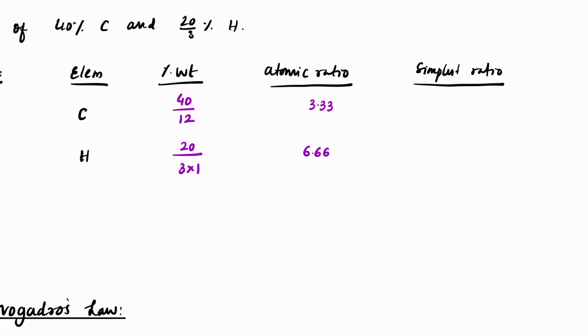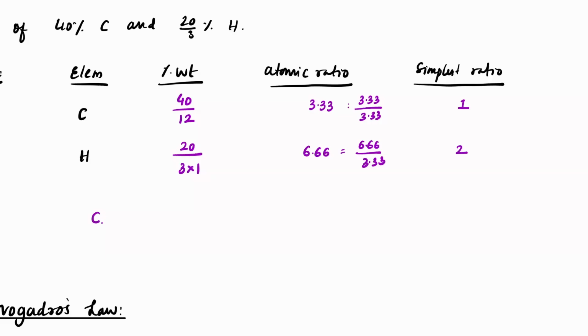Got it? Then take the simple ratio of these two, which means divide by the smallest number between these two. So the smallest number is 3.33, and here also 6.66 by 3.33. That gives us the simplest ratio, which is 1:2.